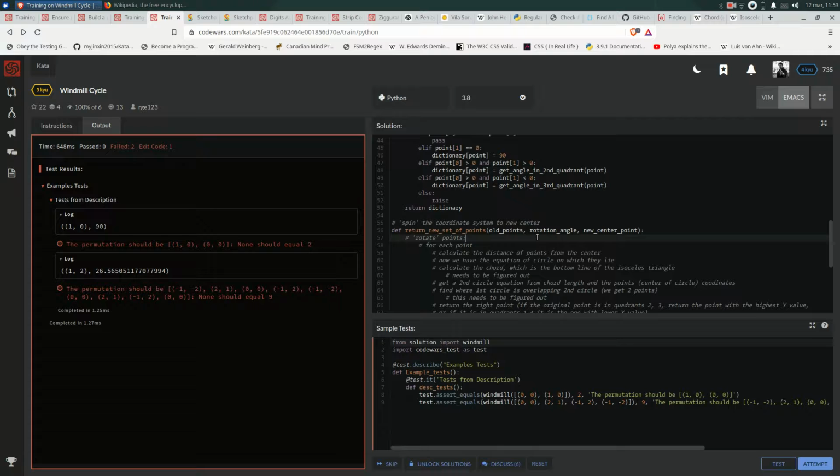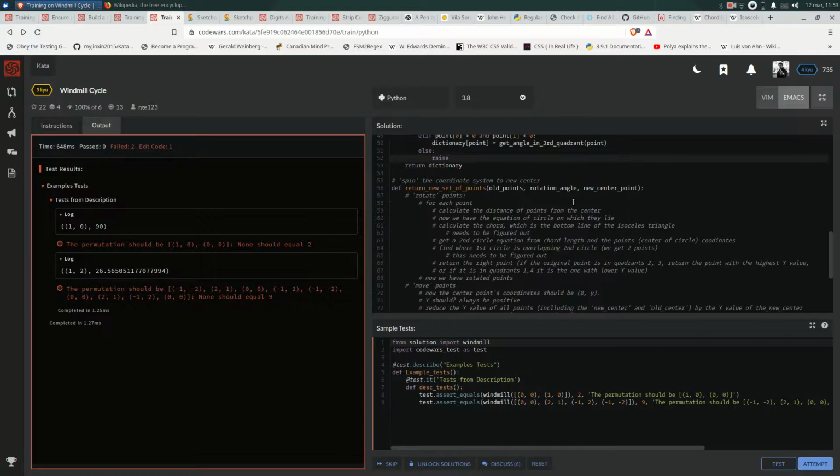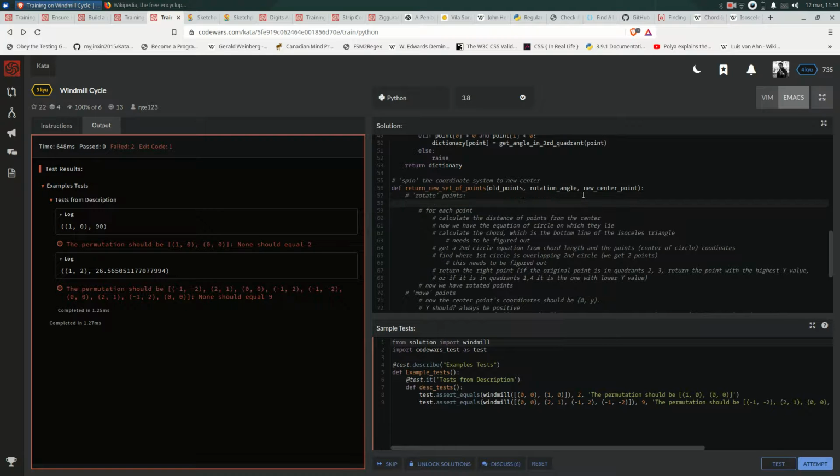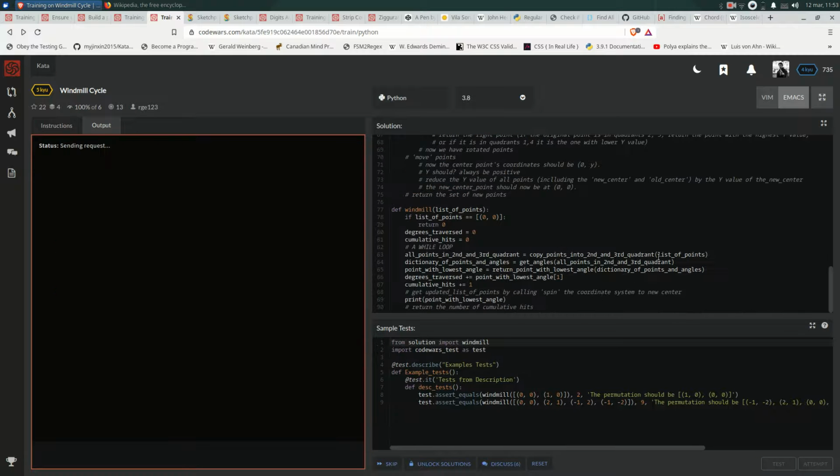Alright, so we shall say rotate points. I just say rotate point. So we shall say for point in old points. This should not fail, right?